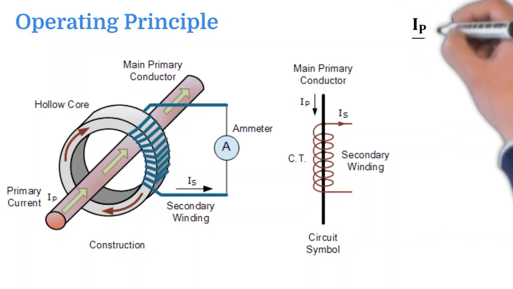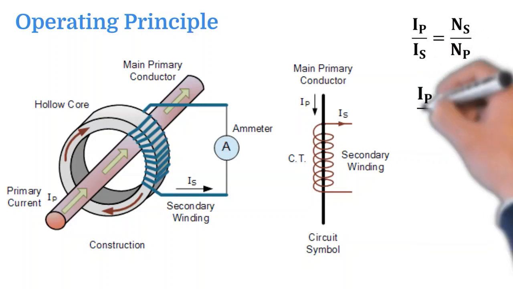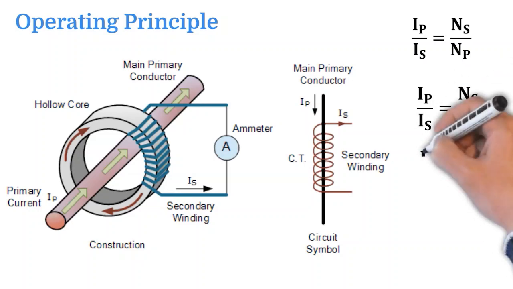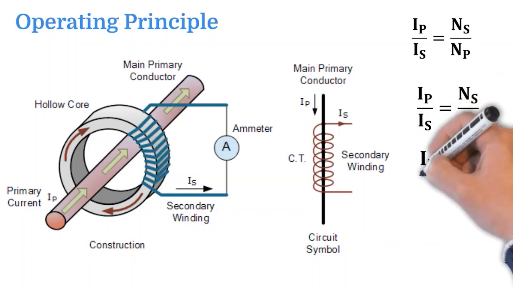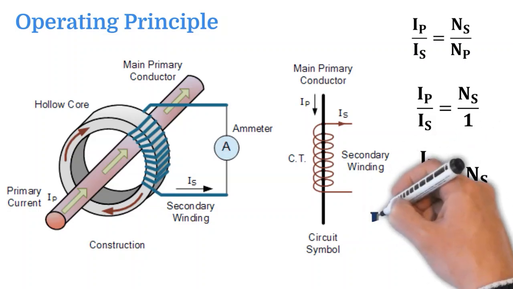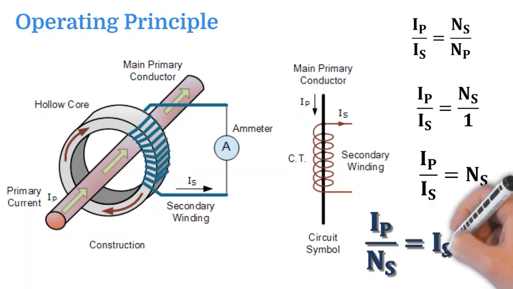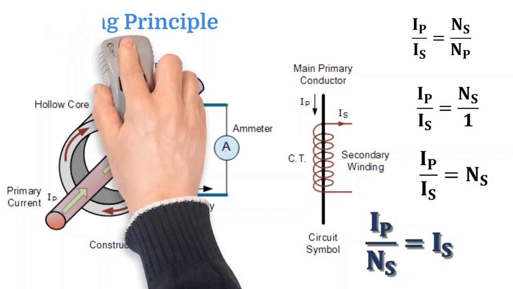So we know IP over IS is equal to NS over NP, where NS is the number of turns in the secondary winding and NP is the number of turns in the primary winding. But here NP is 1. Therefore, the ratio between primary current and secondary current is equal to NS, which means the primary current has been reduced by NS times when it goes to the secondary current.